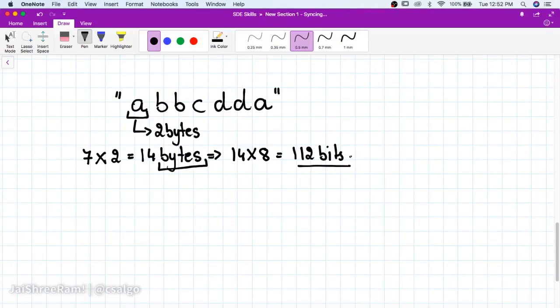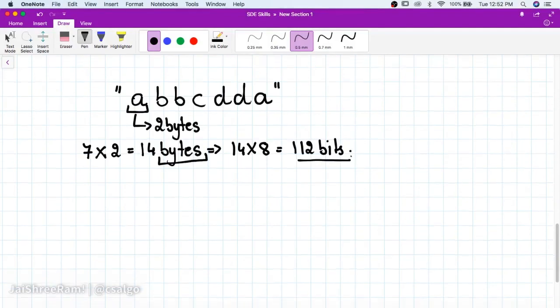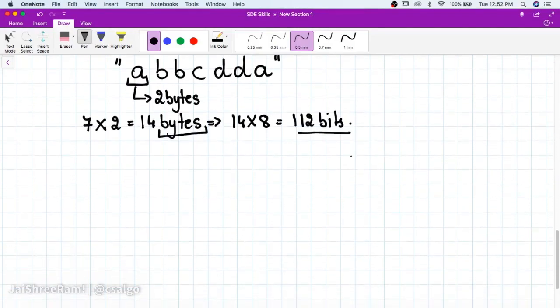Now, what we want to do is store it using less space, or fewer bits. For this, we use Huffman encoder, and let's see how the Huffman encoder works. In Huffman encoder, we will create two hash maps.